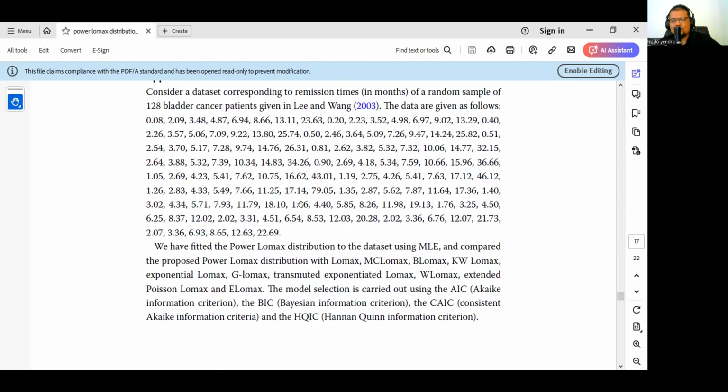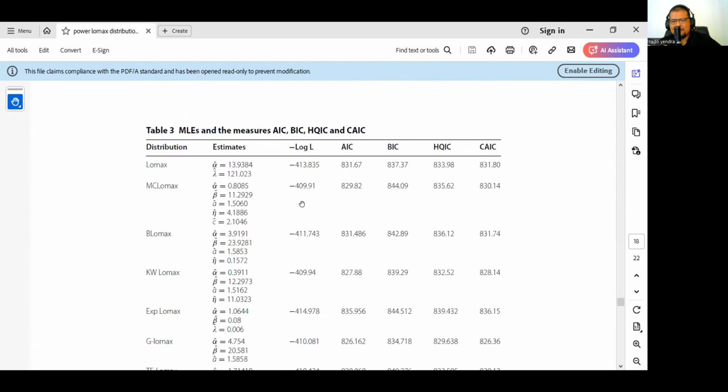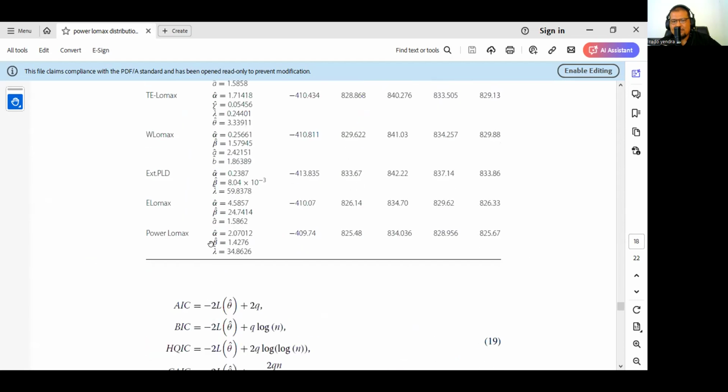We try to find the parameters with alpha 2.07, beta 1.4, lambda 34. Of course, we must have strong R programming skills to solve this problem.